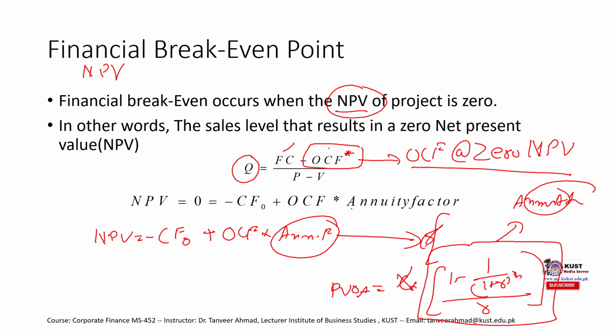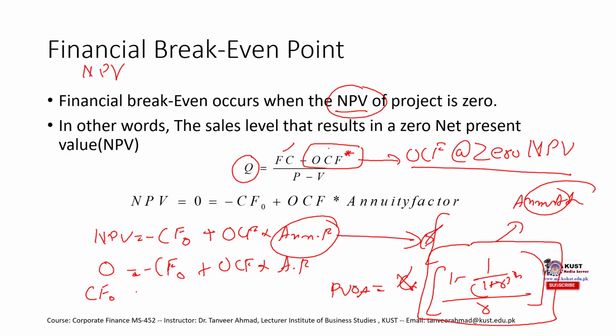So if NPV is equal to minus cash outflow plus OCF into annuity factor, this would be cash inflow. And if we need to find the OCF at 0 NPV, then 0 is equal to minus CF plus OCF into annuity factor. We need to solve for OCF, so we transfer CF towards the left side of the equation.